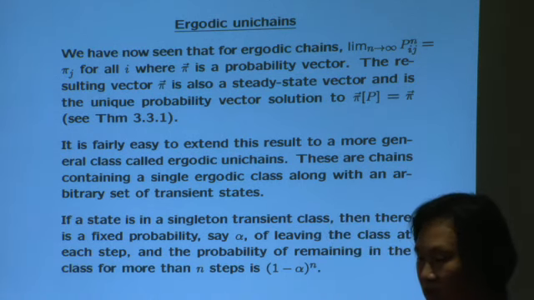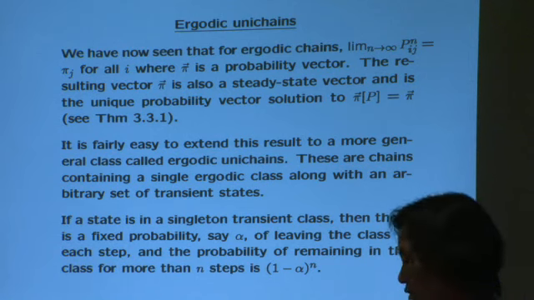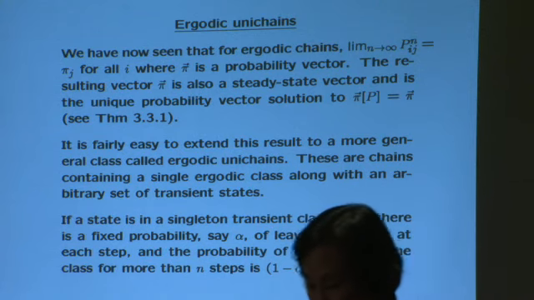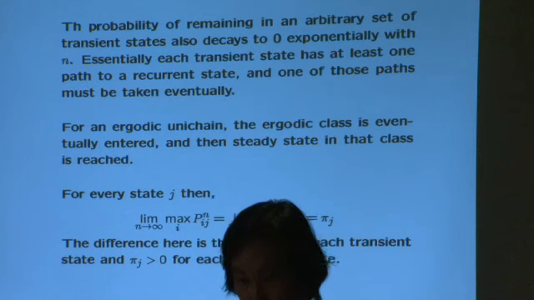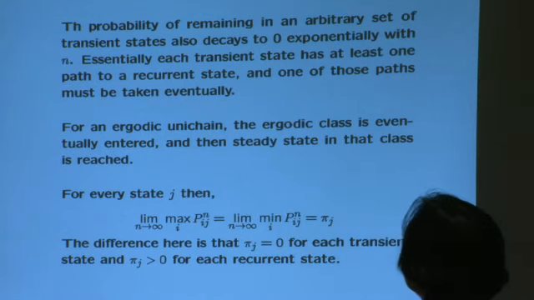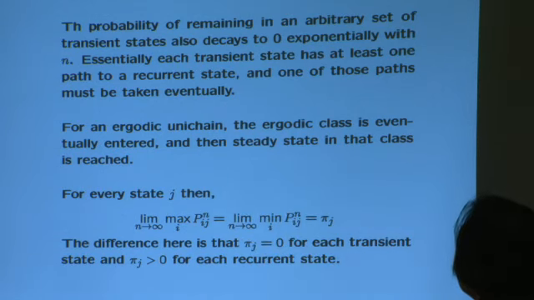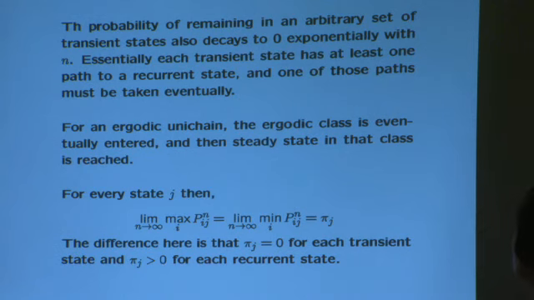It divides the transient states into one block and the recurrent classes into another block, and then shows that the limiting probabilities of the transient states go to 0. So this says just what I said: the transient states decay to 0 exponentially, and one of the paths will eventually be taken out of them.